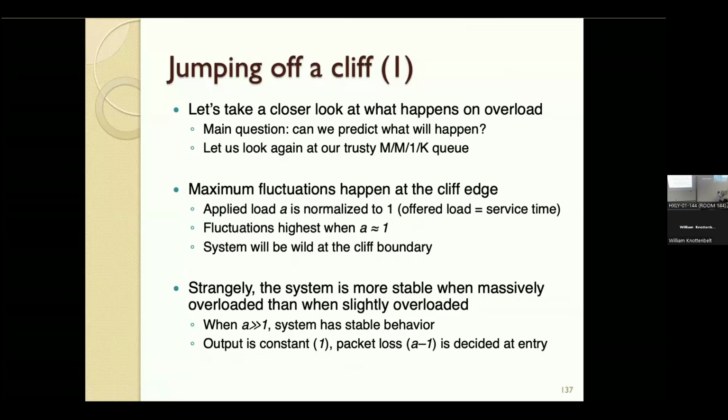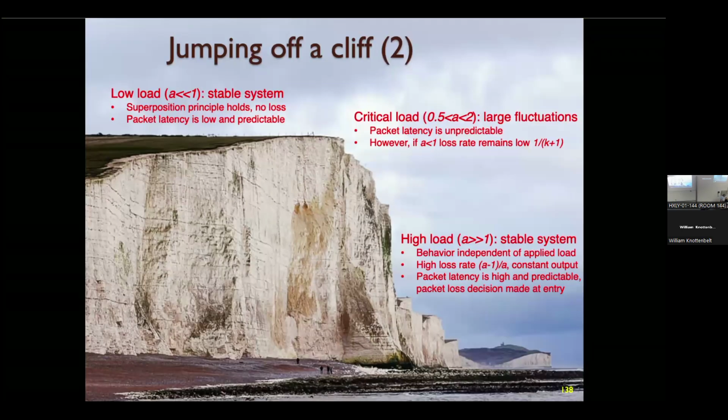But when you start overloading the system, it calms down again, which is curious. When you have a very high overload, the output is basically constant. The system does what it can, but the packet loss is very high, which is A minus 1. So if the overload is a factor of 10, 9 of that 10 will be lost and 1 will make it through, okay?